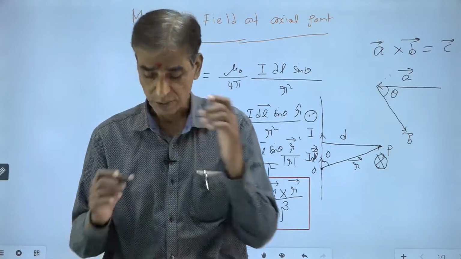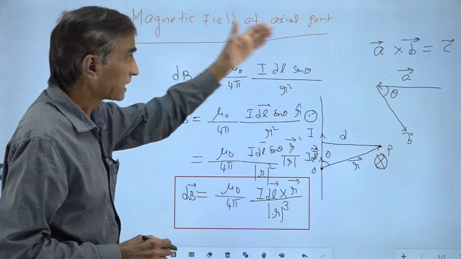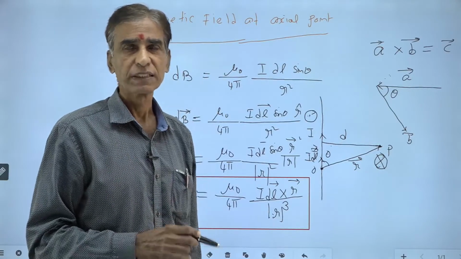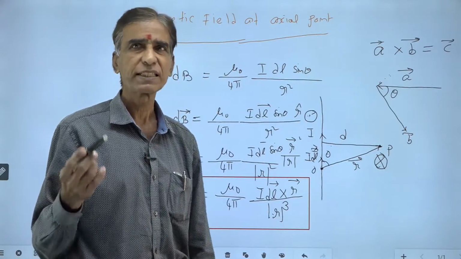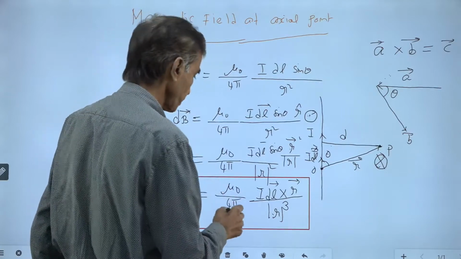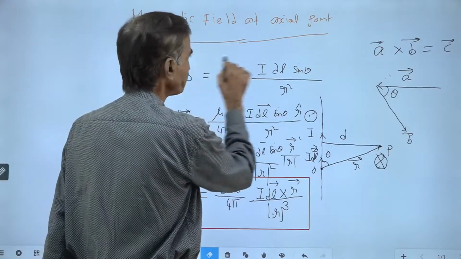Right. So now let us come to the magnetic field at an axial point of a current carrying loop. Just like a ring, but we don't say ring now, we say it is a current carrying loop. Therefore, for that, we will take one loop.